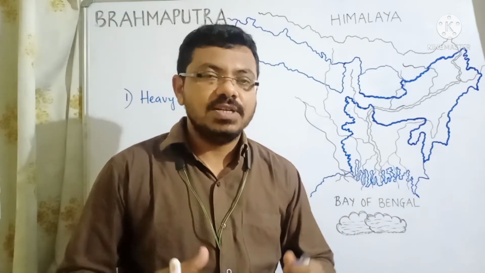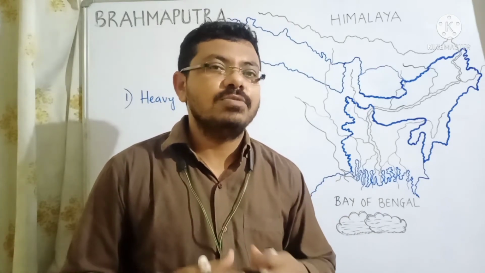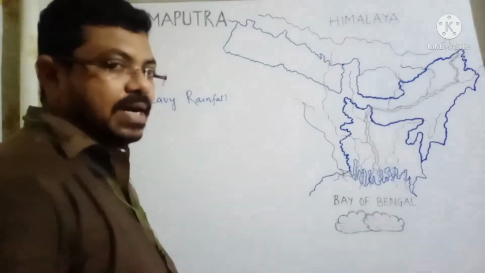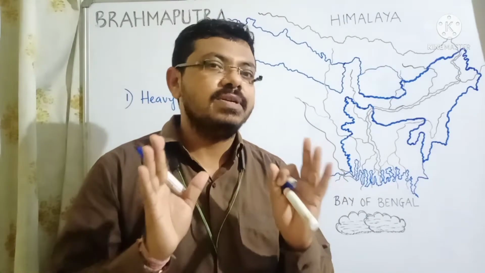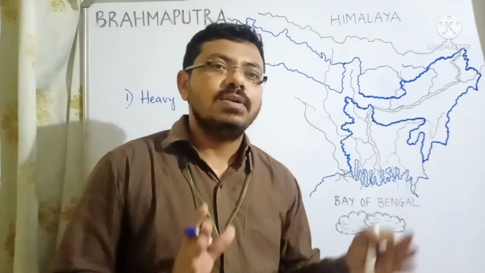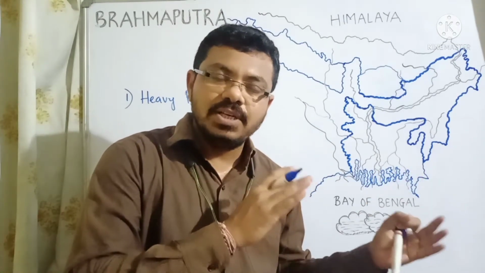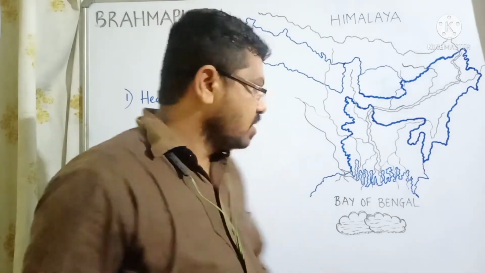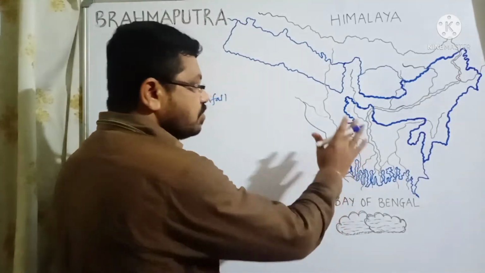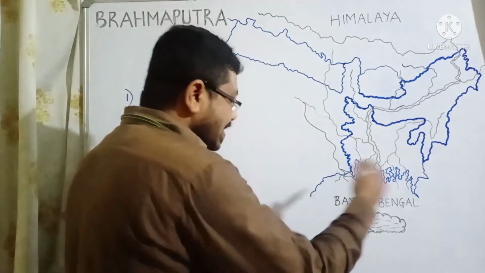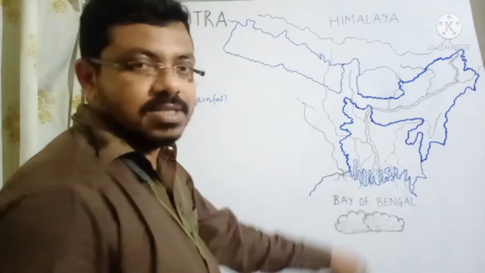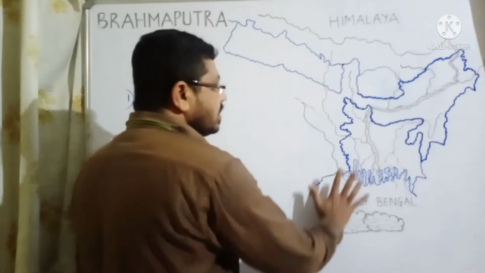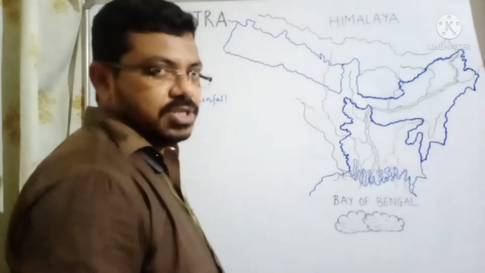The southwest monsoon enters India in the month of June. As the monsoon winds enter India, they bifurcate into two different streams: one called the Arabian Sea branch and another called the Bay of Bengal branch. The branch moving towards the Bay of Bengal gets moisture from a large Bay of Bengal region and also from the Indian Ocean, and then enters into this region.